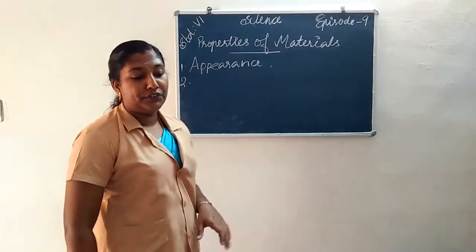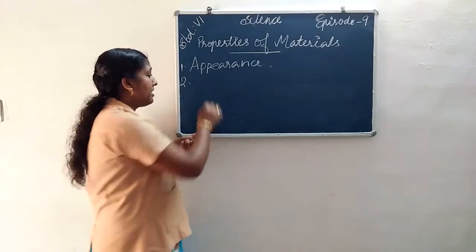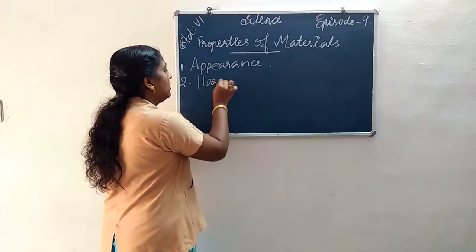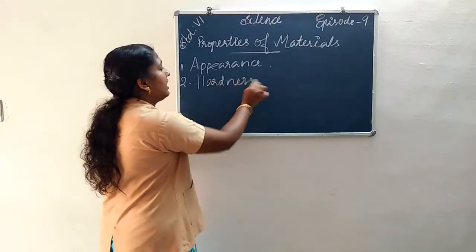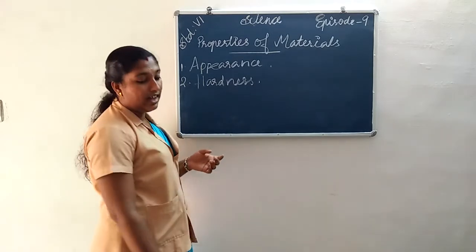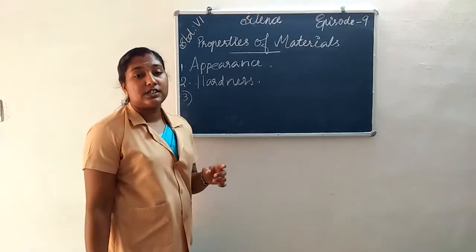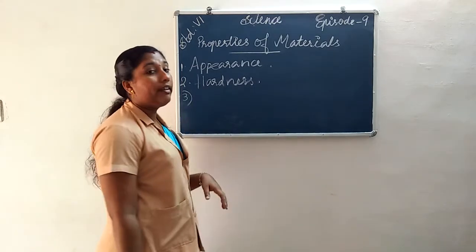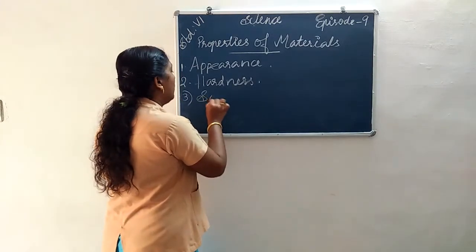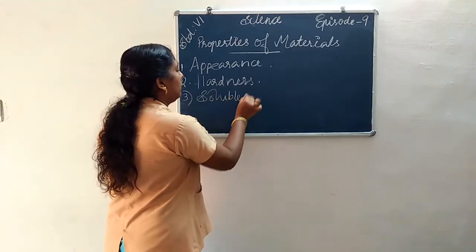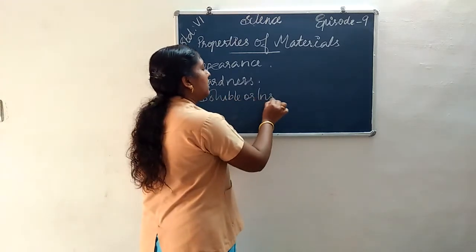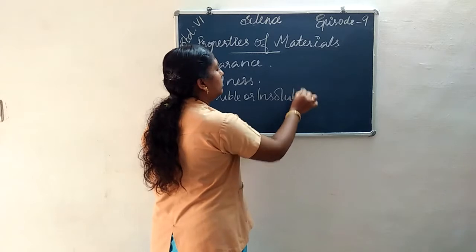The second property of material is hardness. The third property is soluble or insoluble.